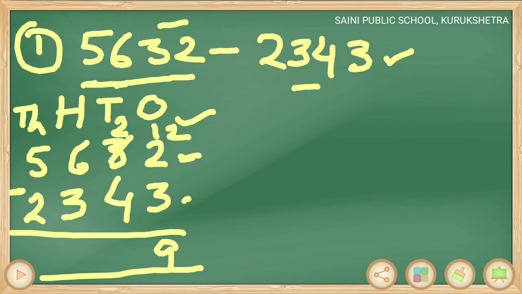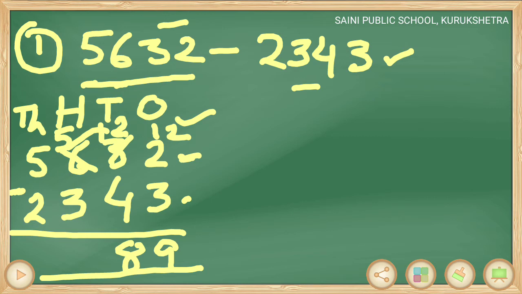Move to 10's place. At 10's place here is 2 and here is 4. We can't subtract 4 from 2. So what will we do? We will take borrow from 100 place. So it will become 12 minus 4. The 100 place will decrease by 1 and it will become 5, and this will become 12. So 12 minus 4, here I will get 8.